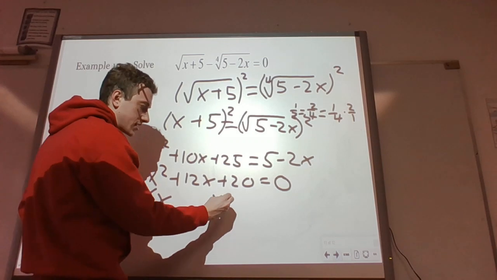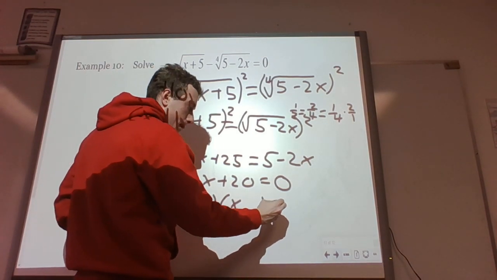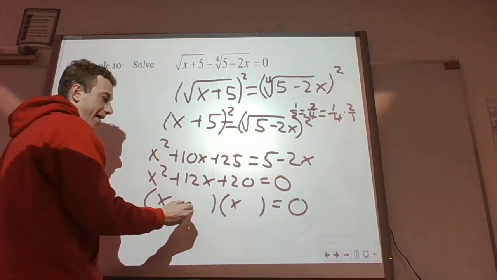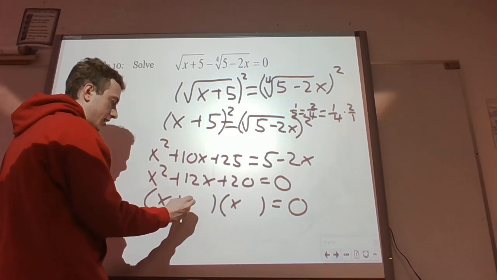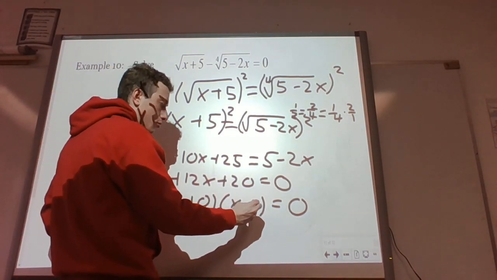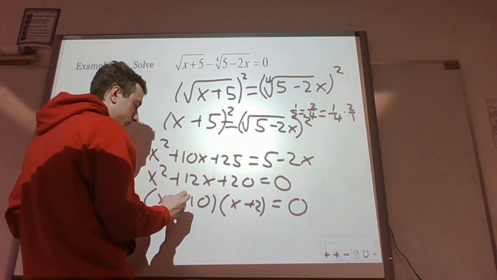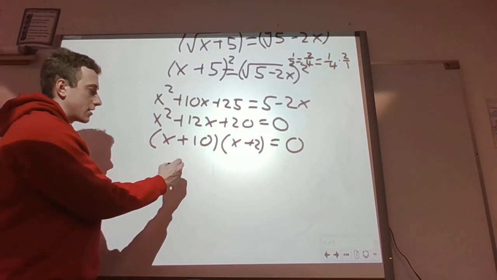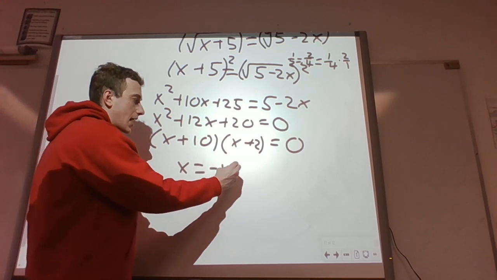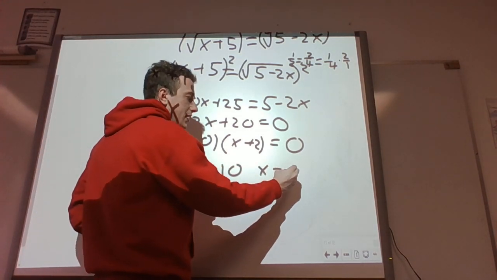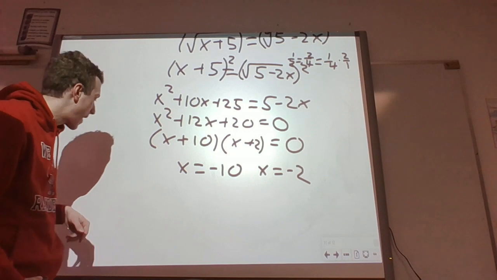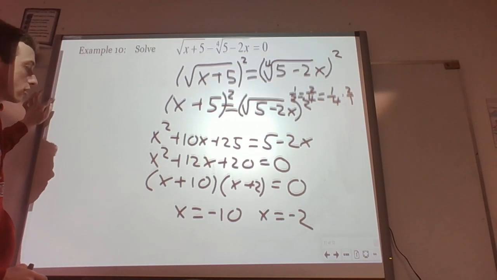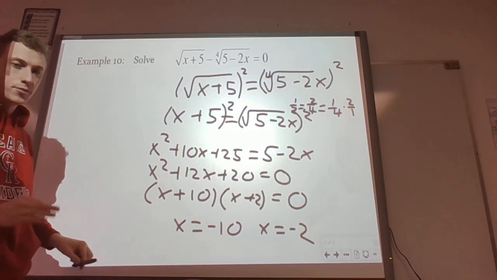Let's see what x's we can get here. 20, that's going to be 10 and 2. Okay, so x is either going to be negative 10 or x is going to be negative 2. So let's go back and check those two possible solutions.